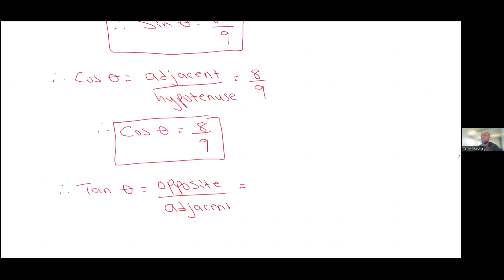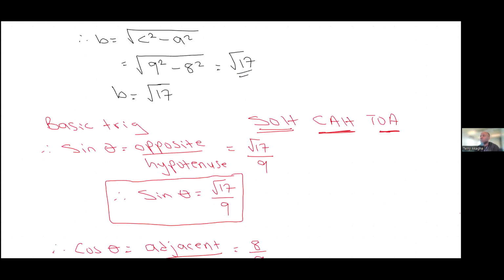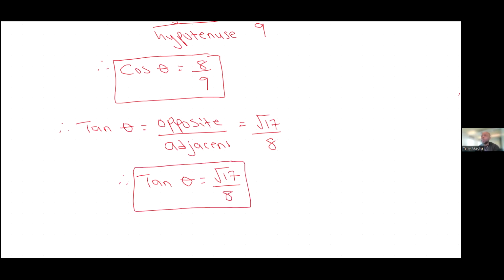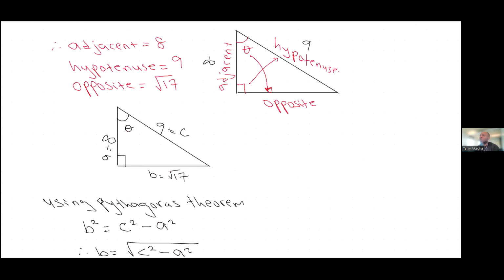It's root 17 divided by 8. So therefore, tan theta is equal to root 17 divided by 8. So we've gotten the basic trig ratios now, and we can go straight and start looking for each of these.